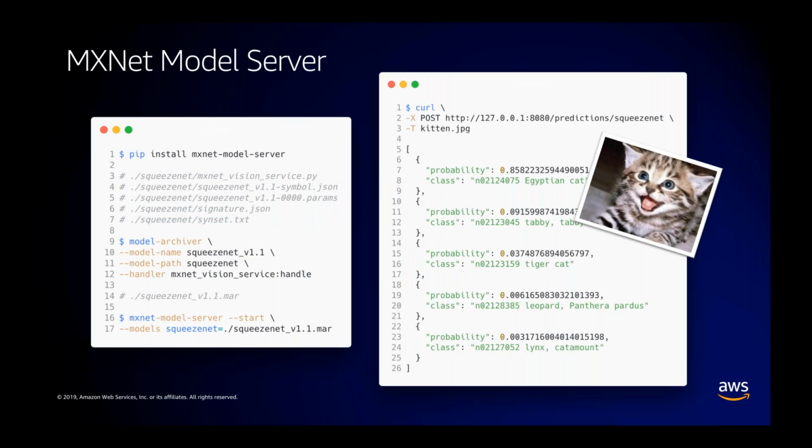Another great open source tool, and this is a separate open source project, is the MXNet model server. And this just provides a lot of functionality that's typical for model serving. So it will create a web server dedicated for doing model inference with MXNet models. But it's not just MXNet models that you can work with.